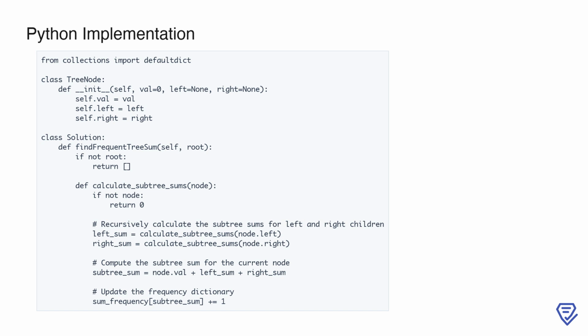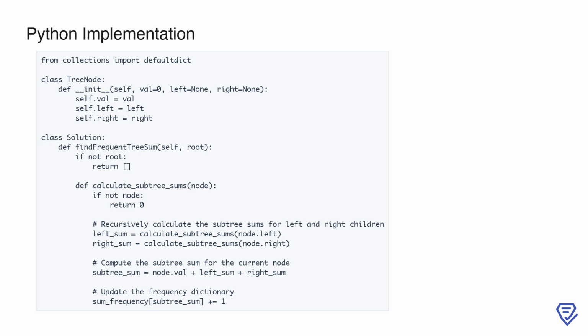Now, we define a nested helper function, calculate_subtree_sums, which will recursively compute the sum of all nodes in a subtree. If the current node is None, meaning we've reached a leaf, we simply return 0 as the sum. For non-null nodes, we calculate the sums for the left and right subtrees by making recursive calls to this function.